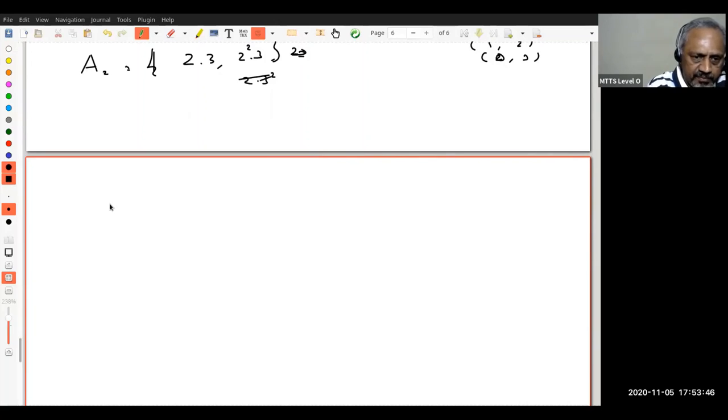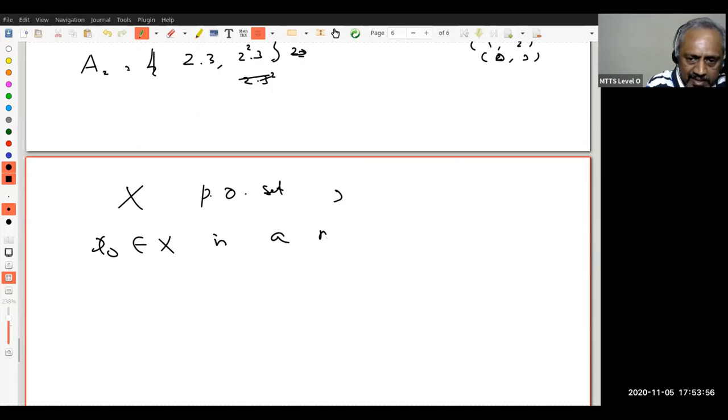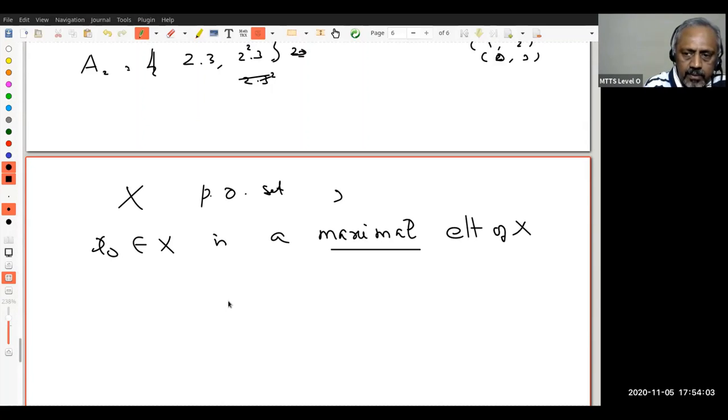Now let X be a partially ordered set. I call an element x naught in X a maximal element, not maximum, a maximal element of X. I want to define what is meant by a maximal element of X. Remember, when do I say an element, let us say a in X, is a maximum?